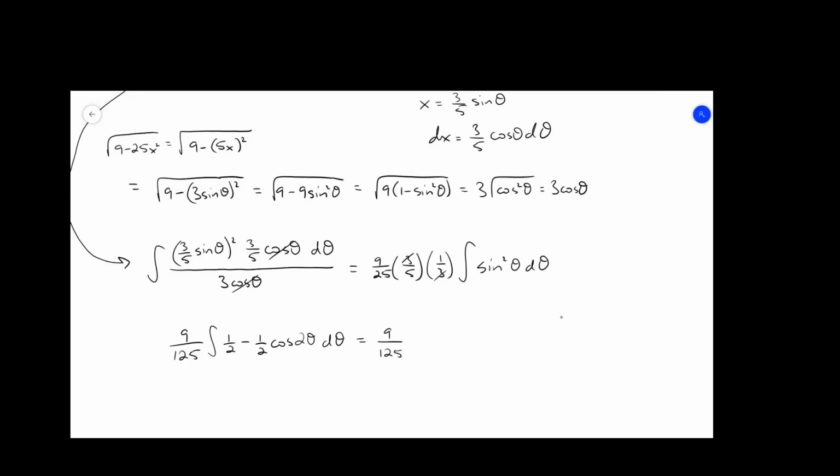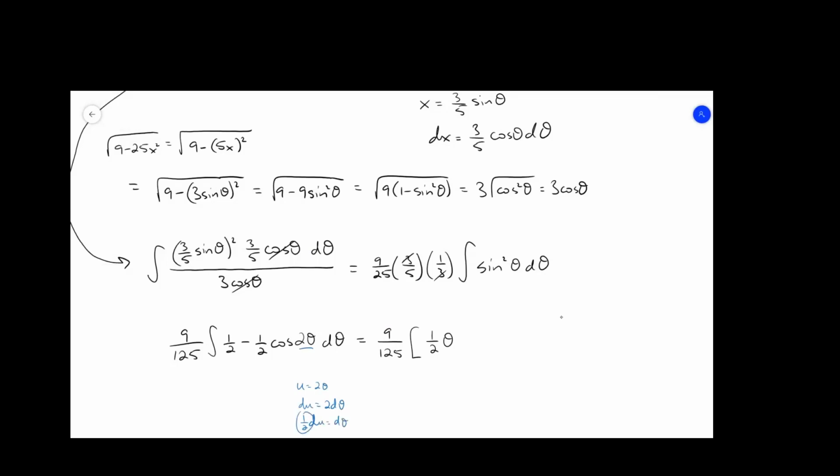And then at that point, we can do the antiderivative. 1/2, it's easy, that's just 1/2 theta. Now, what is the antiderivative of cosine 2 theta? Well, if you remember, that's just going to be sine 2 theta, but then we have that substitution. A little quick sub you would have to make here would be u equals 2 theta. Then du is equal to 2 d theta, and you'd have to divide by the 2, and that would get you the 1/2.